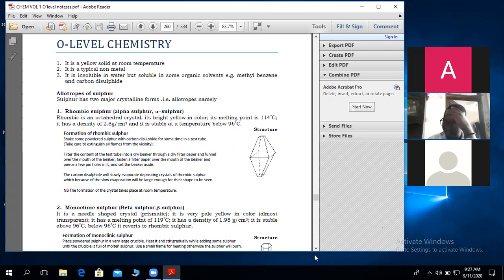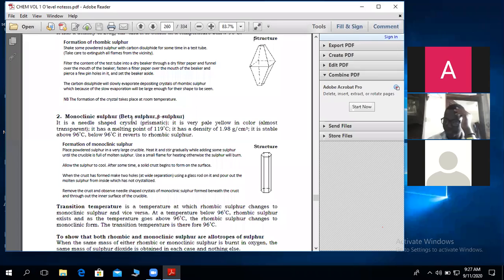For monoclinic sulfur, its structure is needle-like. If you know a needle, that's how the structure of monoclinic sulfur looks, and it is here. So you draw the structures in your book. You can also get them from the textbook.